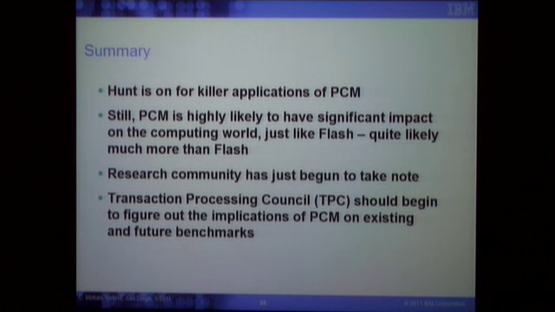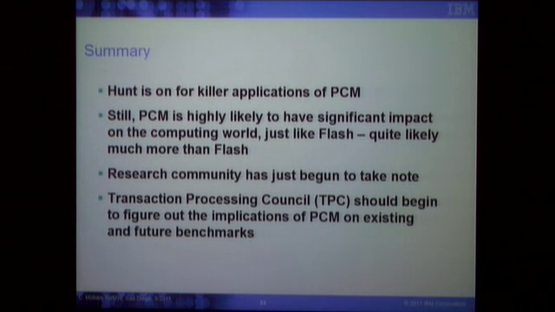Whereas for PCM, if you're going to think of it more as a DRAM replacement, and you're now trying to get into the more enterprise kind of environments, it's still not clear what the killer applications are. And until we as a community figure that out, it's going to be that much harder to see the kind of exponential takeoff that happened with flash memories.